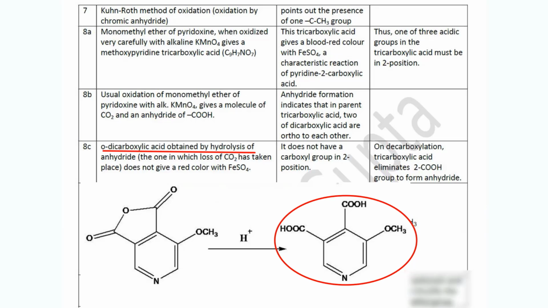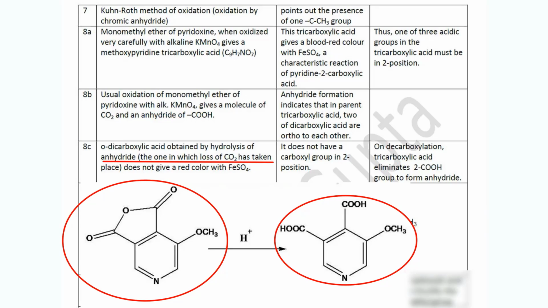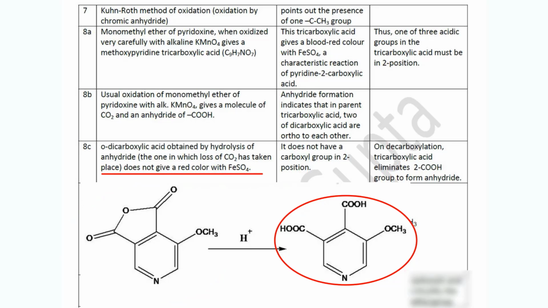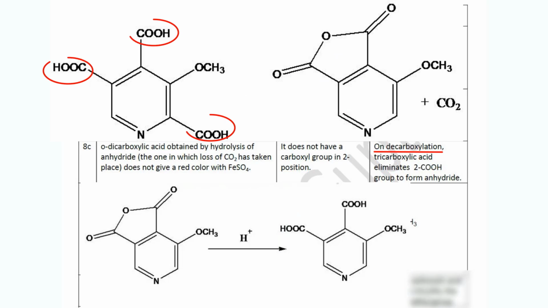The ortho dicarboxylic acid obtained by hydrolysis of the anhydride, in which loss of CO2 has taken place, does not give a red color with ferrous sulfate. It does not have a carboxyl group in the second position. This means on decarboxylation, the tricarboxylic acid eliminates 1 COOH group to form the anhydride.